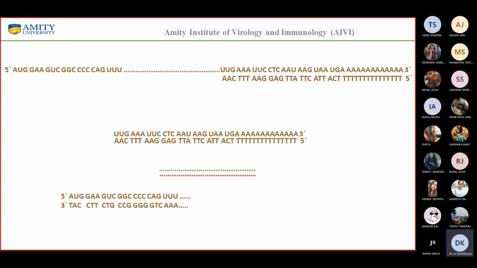Andrew Fire and Craig Mello were awarded the Nobel Prize for discovering RNA interference. Unfortunately, people discovered this in plants, but as we all know, the Nobel Prize is meant for medicine or physiology. It is not meant for plant sciences.